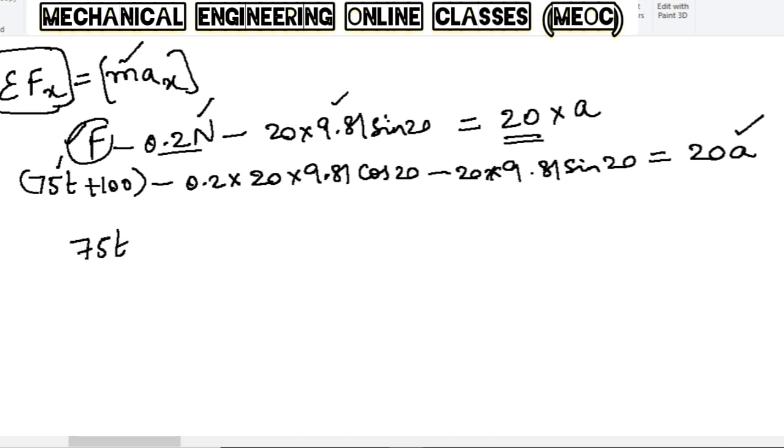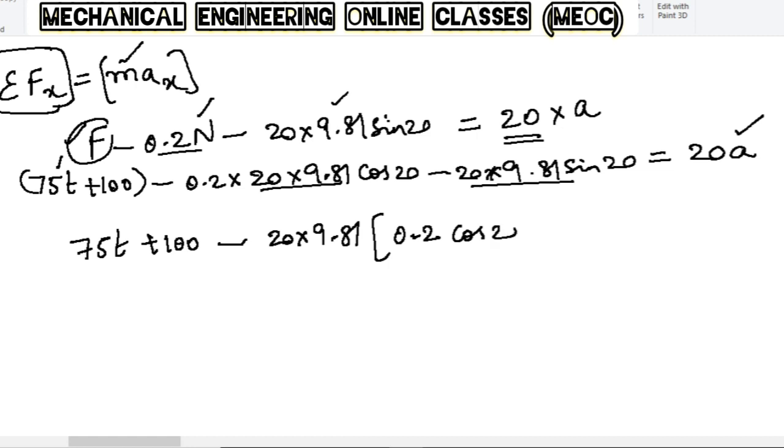If we simplify this, we can write it as 75t plus 100, the first term, which is F, minus 20 into 9.81. The second and third terms are constants, right? So I am taking them common. That will become 0.2 cos 20 plus sin 20. So this is equal to 20a.